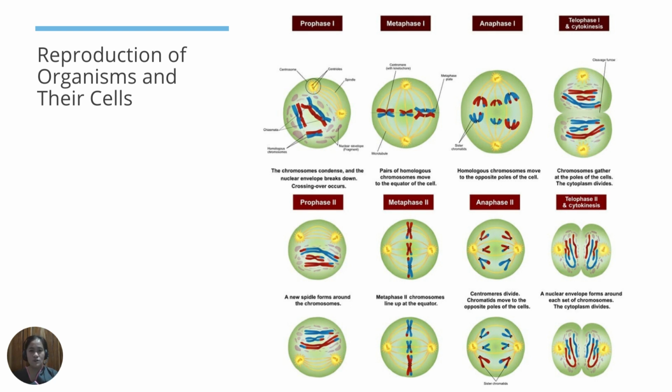And then the anaphase, the homologous chromosomes move to the opposite poles of the cell. Maghihiwalay na yan sa kabilang poles. Okay? Pagdating ng telophase 1 and cytokinesis, the chromosomes gather at the poles of the cells, the cytoplasm divides.